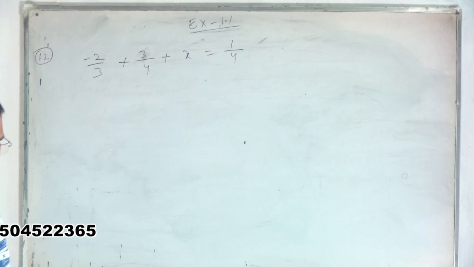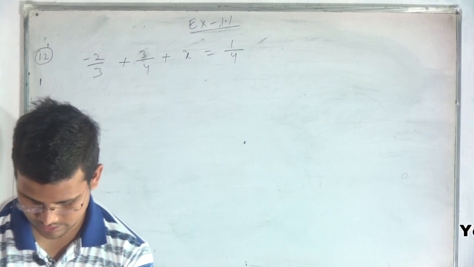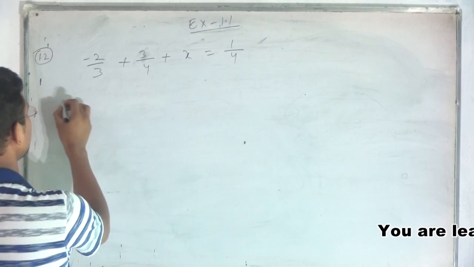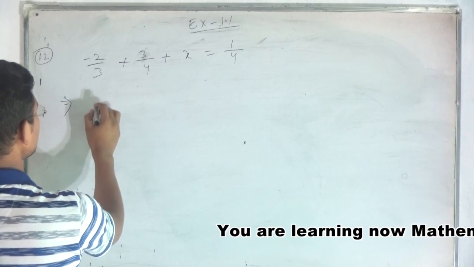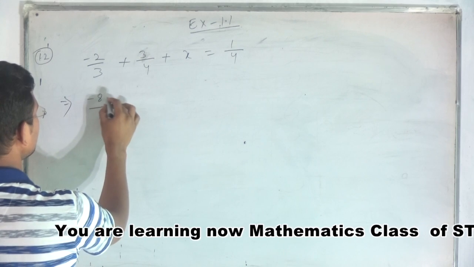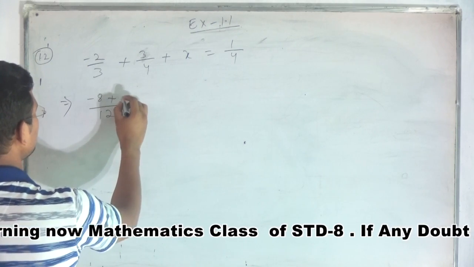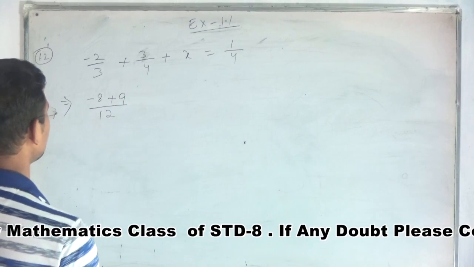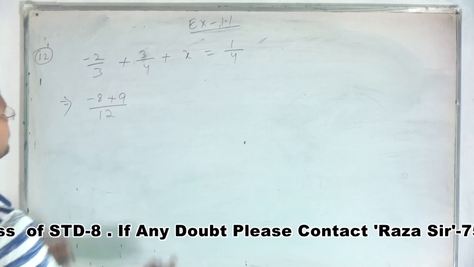We have to find the value of x. Simply, first do the addition of those rational numbers. This is 12, then minus 8 plus 9, and you can do another step here.